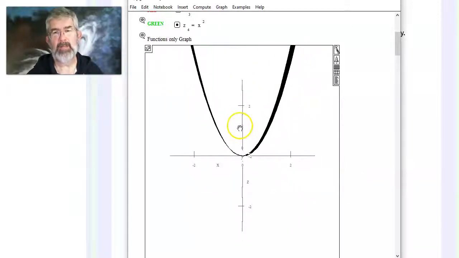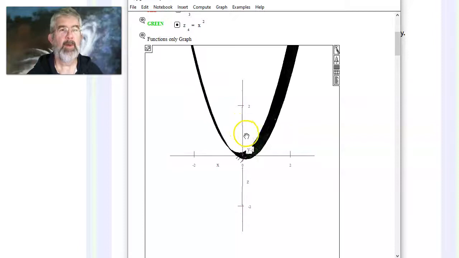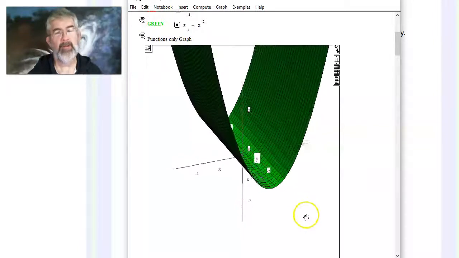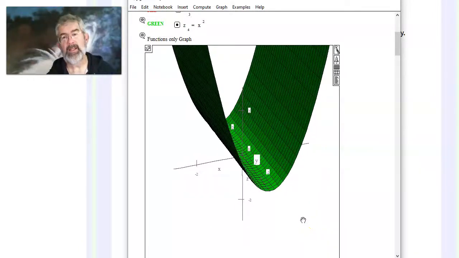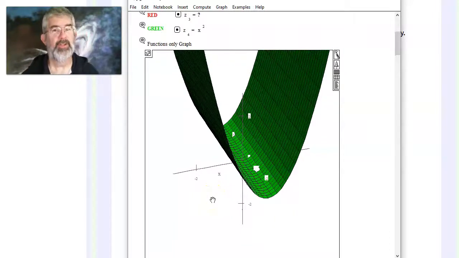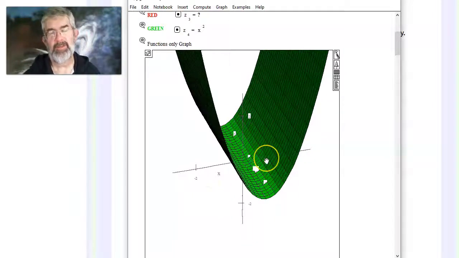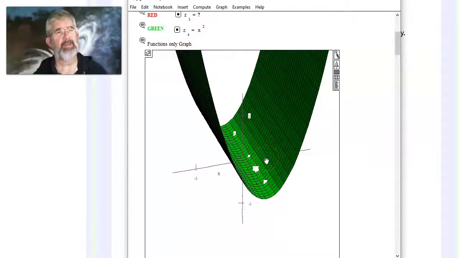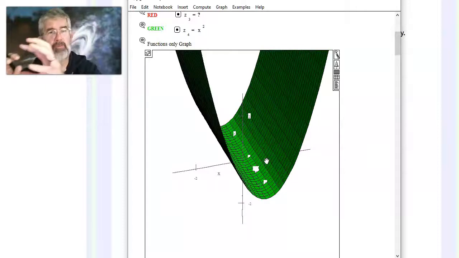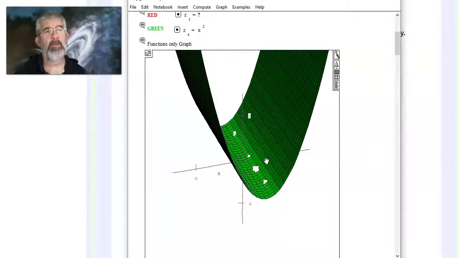In the xz plane, this looks like a parabola. But because there's no y in it, the graph of this in 3D is a cylinder, right? When I think of a cylinder in general, I think of give me any curve, pick a curve, any planar curve, and then extrude that curve in a perpendicular direction. Okay.